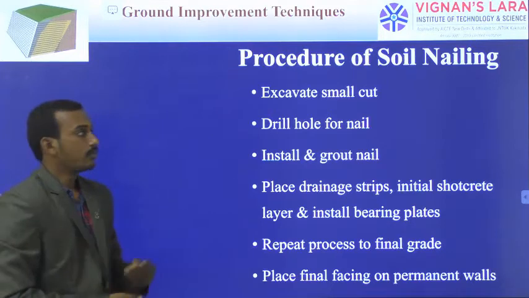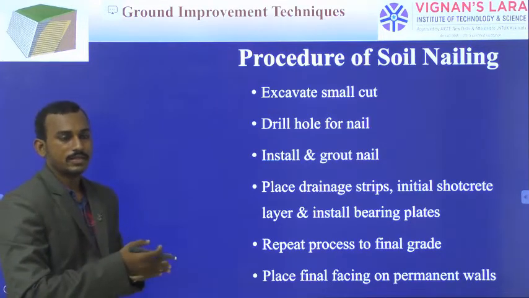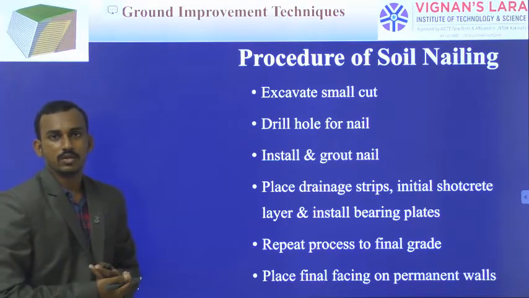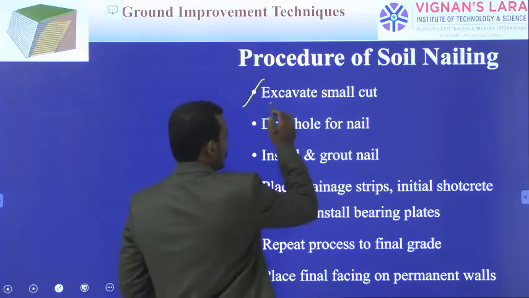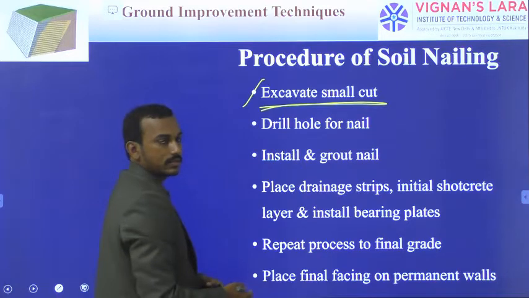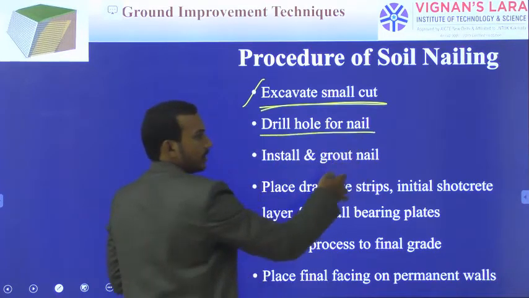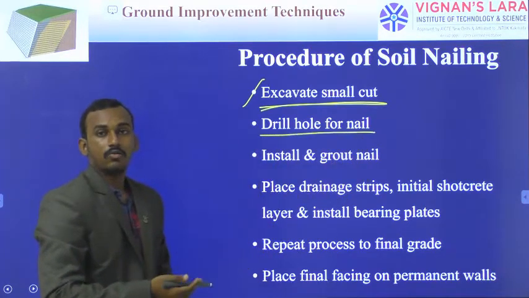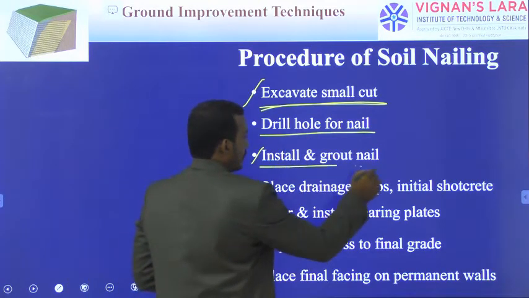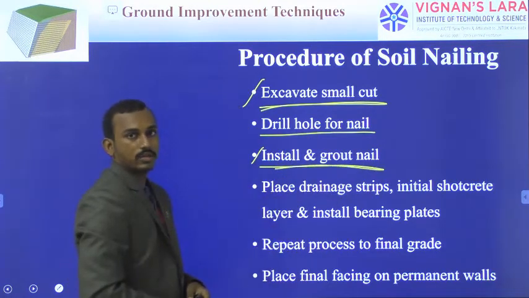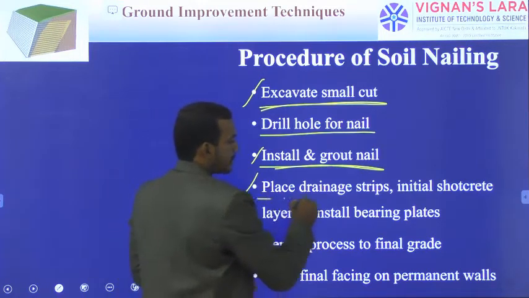The next one is the procedure. So how are we going to insert a nail or how are we going to grout the soil? For that we have the following steps. The first one is, first excavate a small cut, then drill a hole. This is a drill and grout nail. So first of all we have to drill the hole for the nail, then install the nail and grout the nail, then place drainage strips.